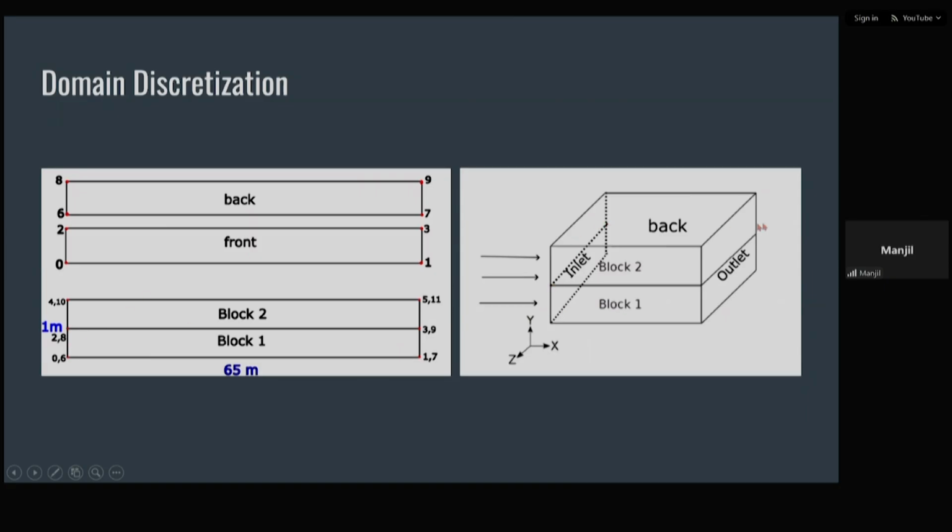We can see that 4 coordinates are shared by the 2 blocks, so we can use the same coordinates 2, 8 and 3, 9 to make both blocks, because these coordinates are shared between them. In this way, we can make block 1 and block 2.